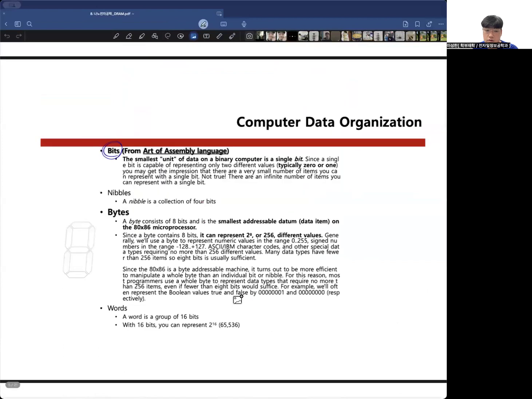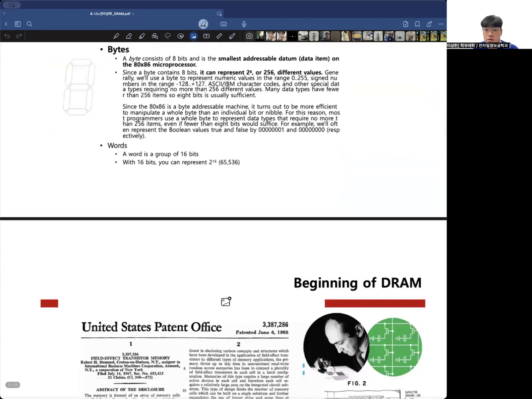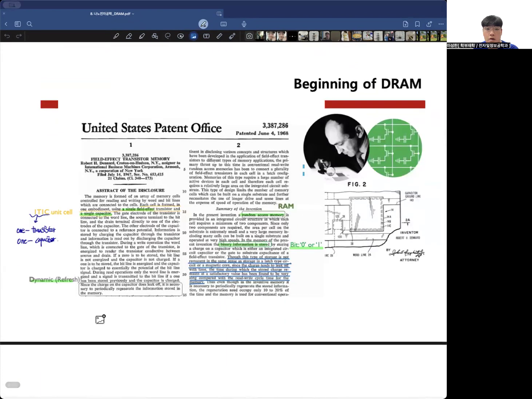This structure is operated by the bit, and the bit is controlled by the structure of a DRAM. So first, what is the DRAM? It is made by one transistor and one capacitor, and this is a characteristic of random access memory.